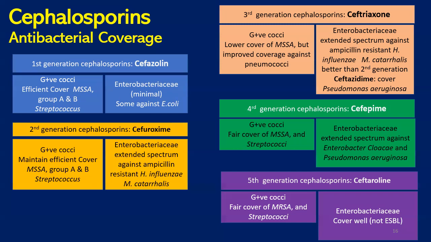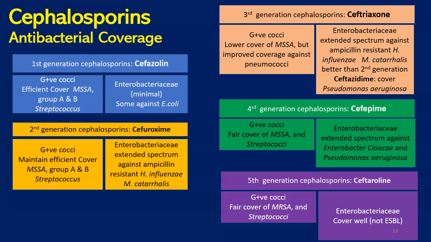Then later on, ceftazidime was introduced, which has the distinguishing feature of covering Pseudomonas aeruginosa. So from all of these agents, up to the third generation, only ceftazidime is able to cover Pseudomonas aeruginosa. Then after that, with the increased prevalence of Pseudomonas infection, cefepime was introduced, which is the first 4th generation cephalosporin.